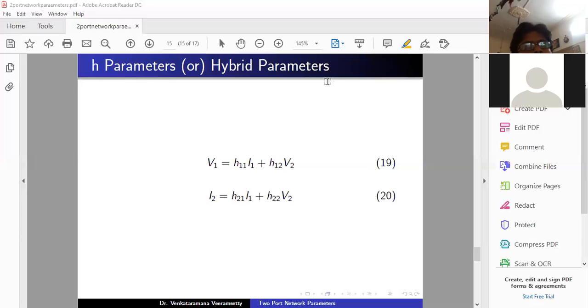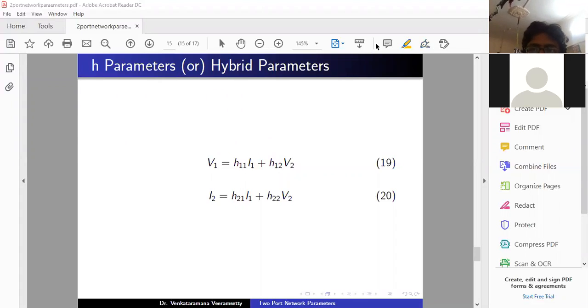So the same procedure we used to calculate the Z parameters, Y parameters, or transmission parameters, we can use to calculate the hybrid parameters of the given two-port network. Now we will discuss how we calculate the hybrid parameters of the two-port network.